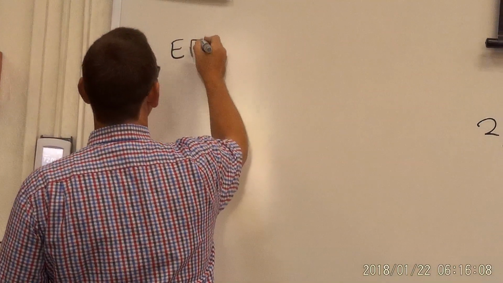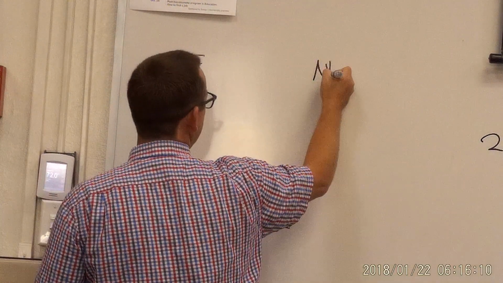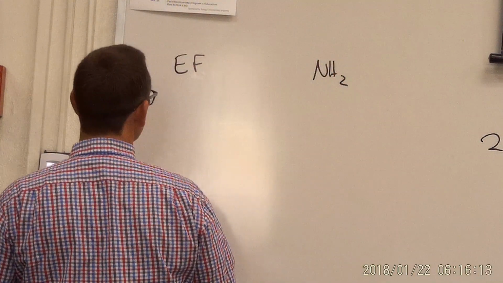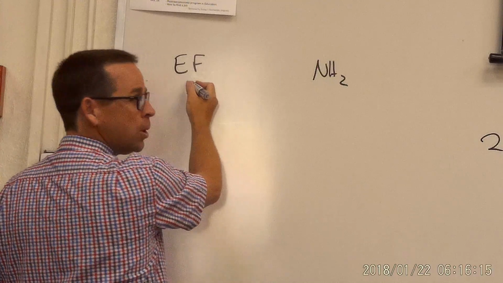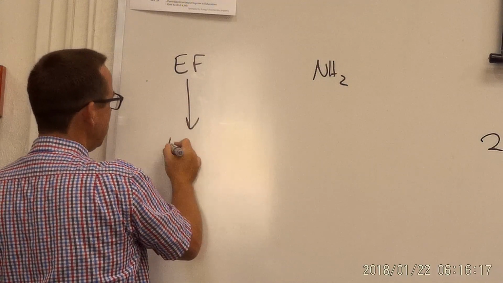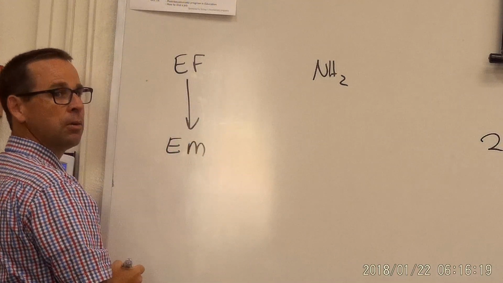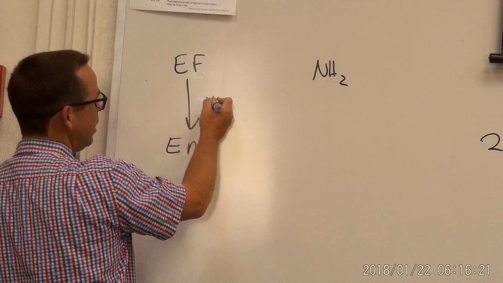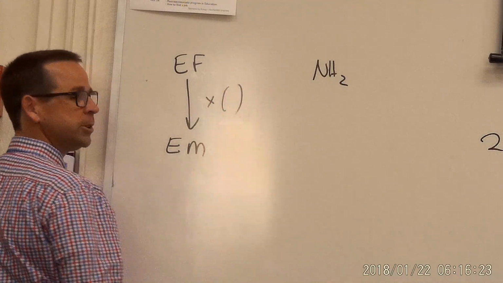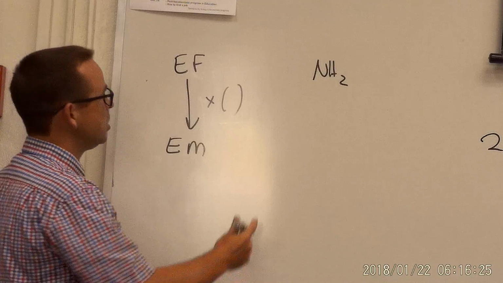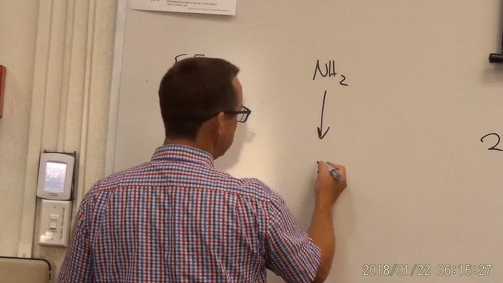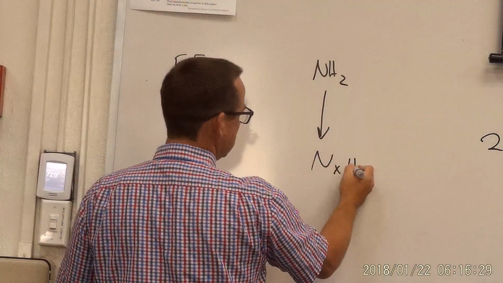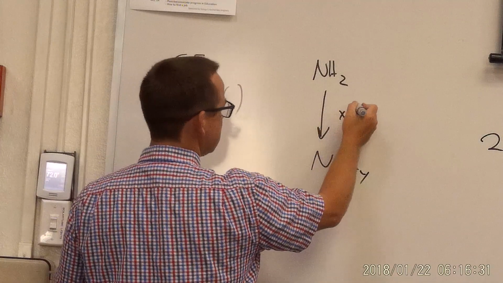To go from the empirical formula to the molecular formula, there's some multiplier times some value. Just like if you want to go from NH2 to whatever it actually is, there's that same multiplier.